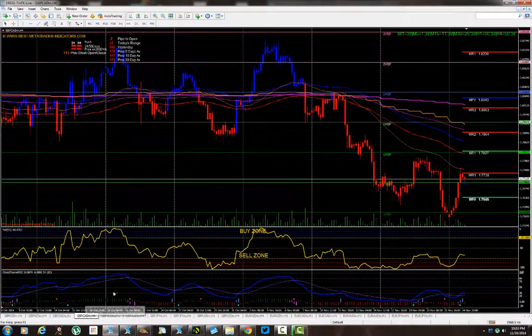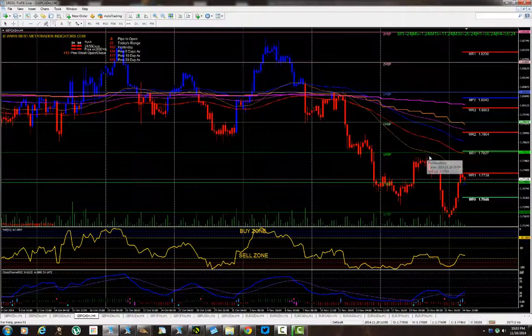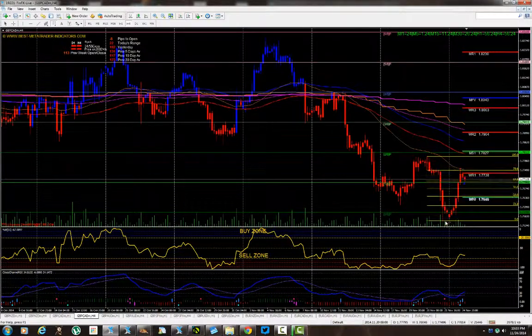Okay, let's go to pound CAD. All right, so again, downtrend, closed 113 pips lower. Let's fib this. So we can fib last week, even though it doesn't really look like it.